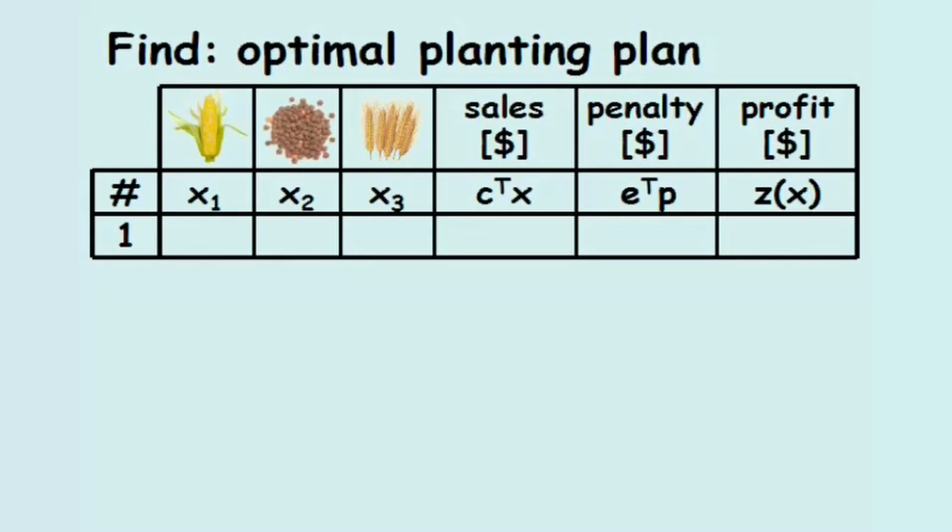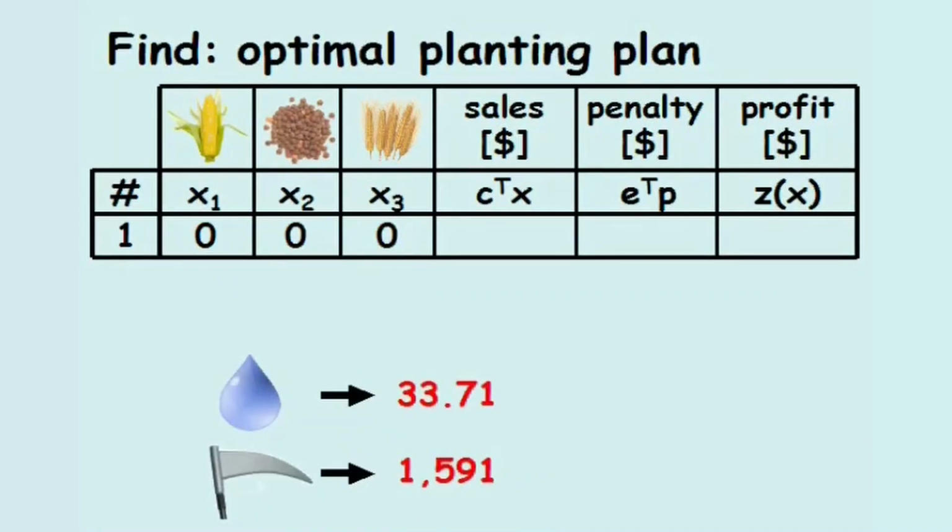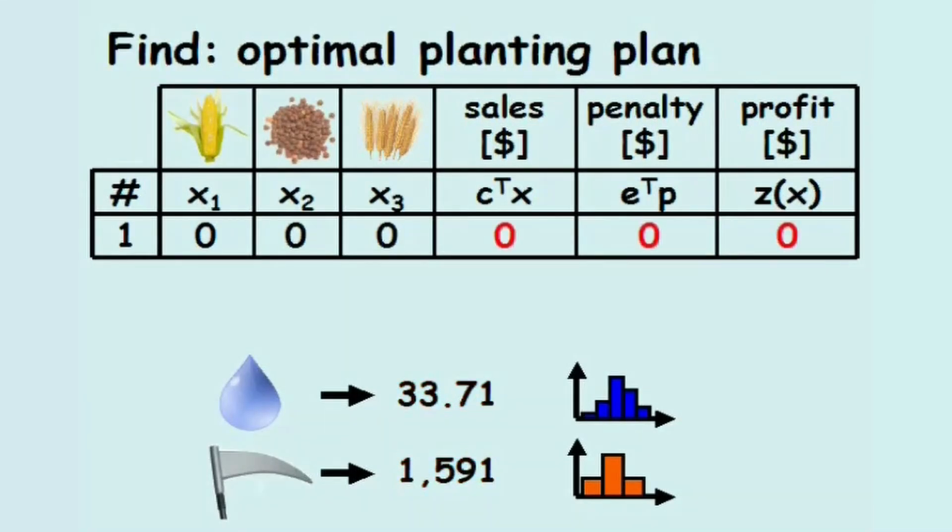To begin, the quantities of X1, X2, and X3 in acres are entered. Then, the stochastic quantities of water supply and labor supply are generated based on their probability distribution functions. Next, the sales, penalty, and profit are calculated.